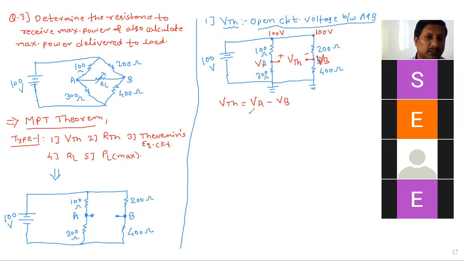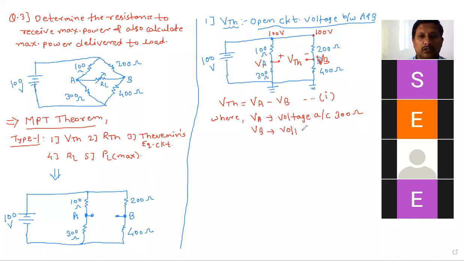Such problems we have already solved. Now this I can give equation number 1, where VA is voltage across 300 ohm. We have solved such problems in Thevenin's. VB is nothing but voltage across 400.